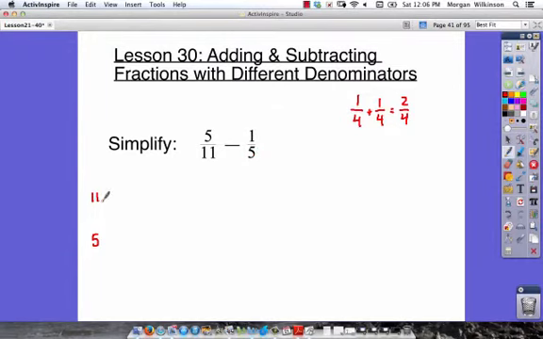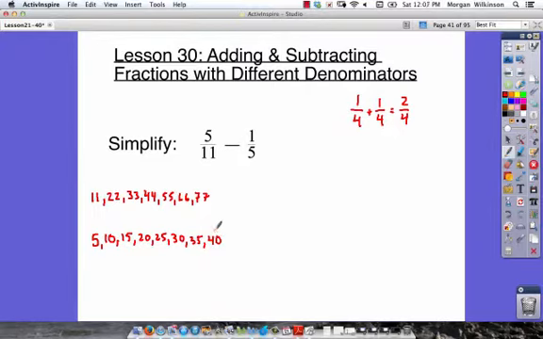Let's go ahead. We got 11, 22, 33, 44, 55, 66, 77. We could keep going, but let's stop here. We have 5, 10, 15, 20, 25, 30, 35, 40.